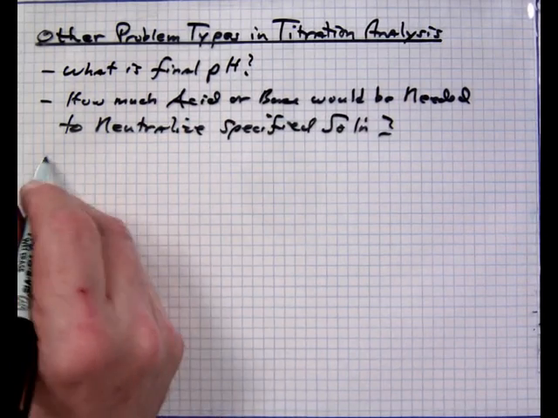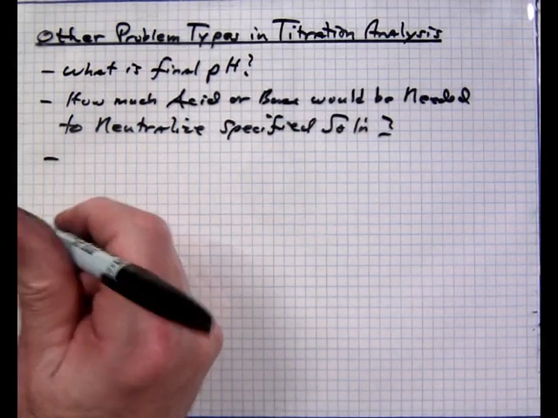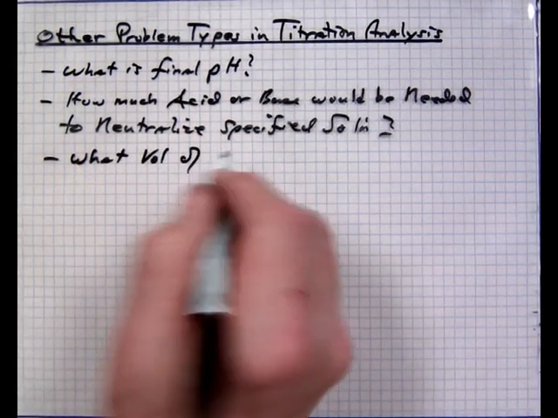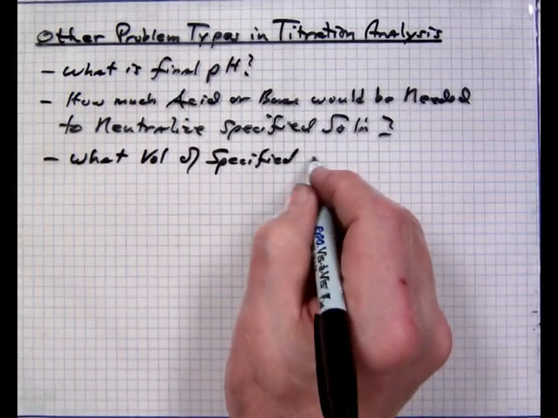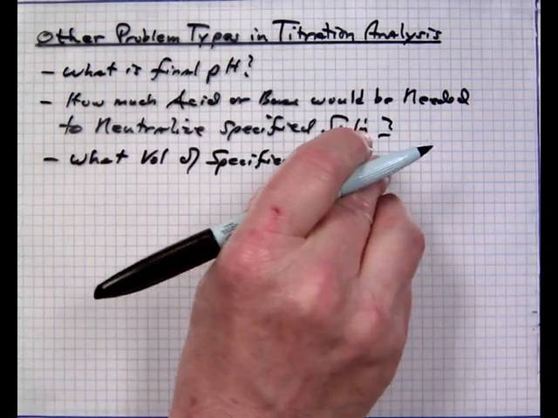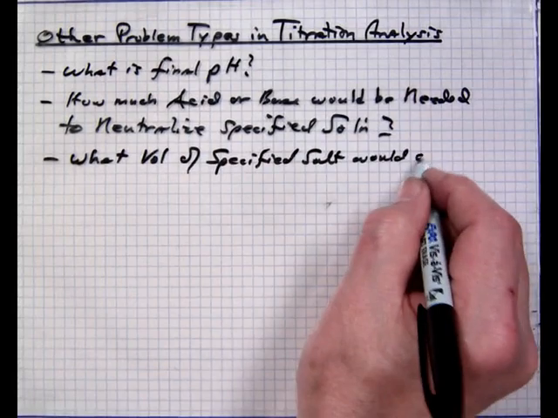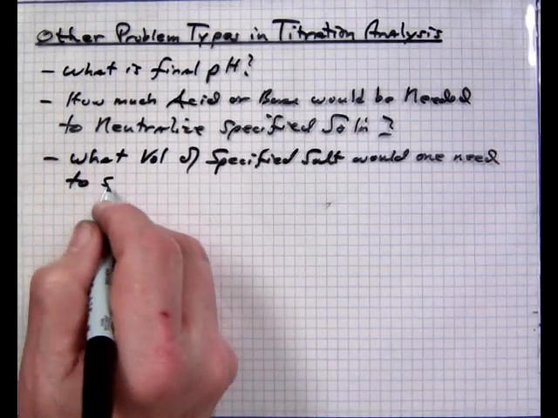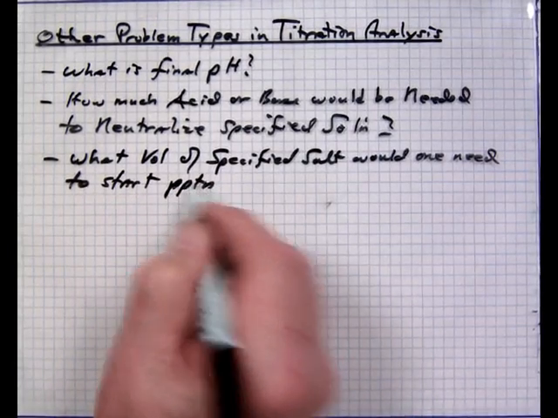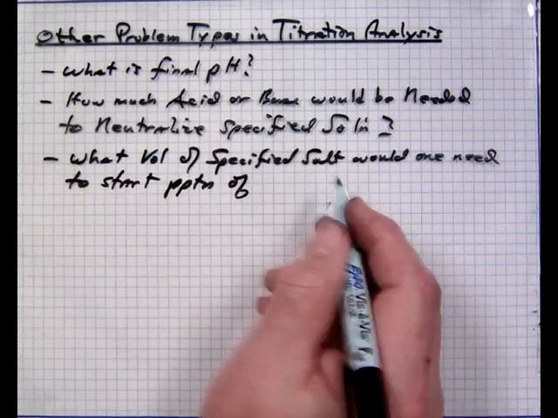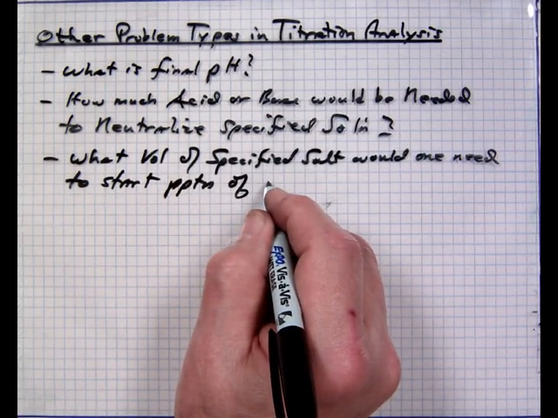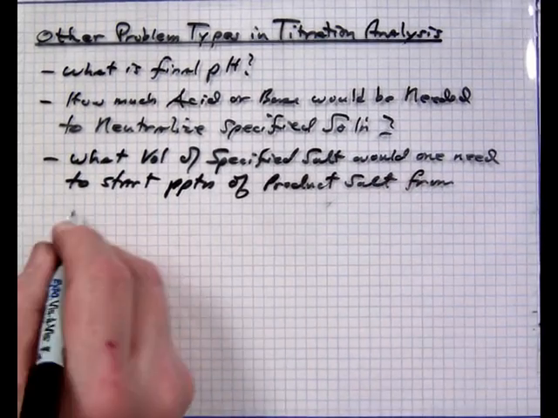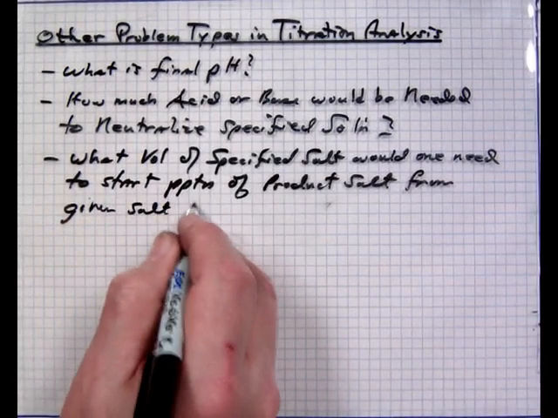Something of that nature. Or if you were working with a salt-salt precipitation reaction, what volume of specified salt would one need to start precipitation of product salt from given salt solution data.